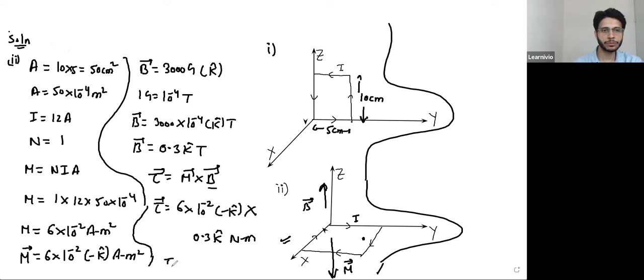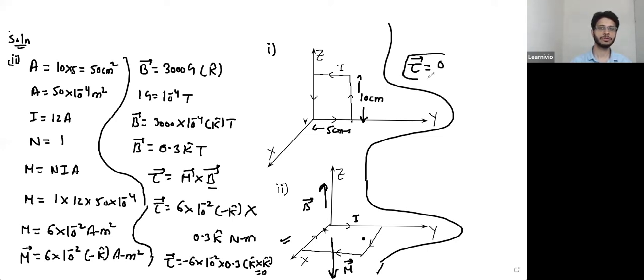So it's 6 into 10 raised to the power minus 2 into 0.3, this negative sign, and it's k cross k. See, k cross k is 0. So torque comes out to be 0.